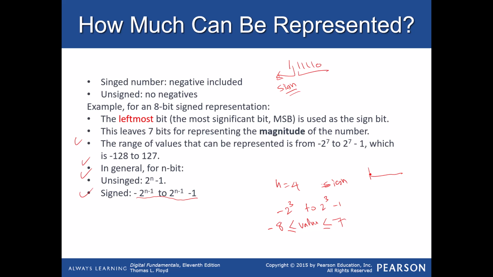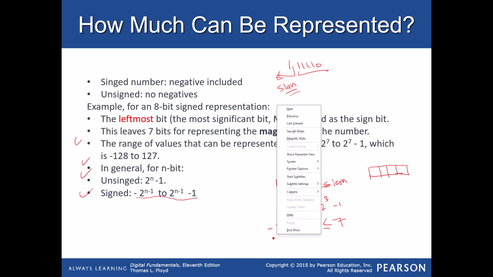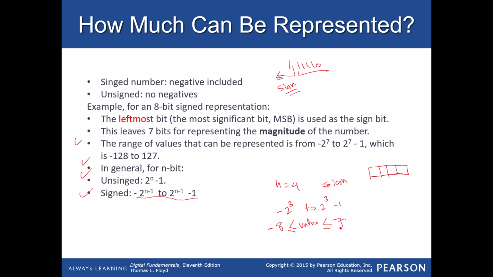So what does this really mean? If you give me 4 places to represent numbers, then what I can store is from negative 8 up to 7. That's all I can accommodate here.